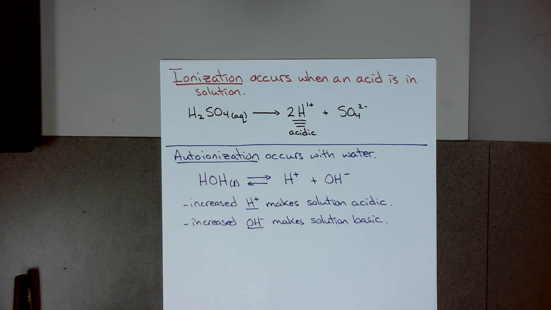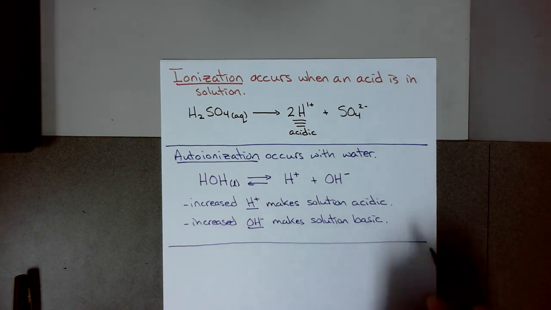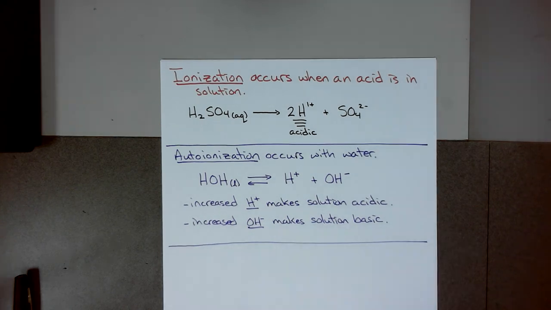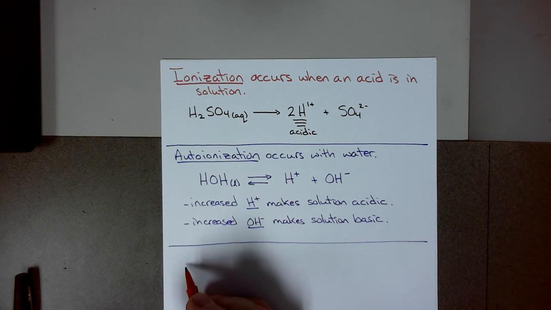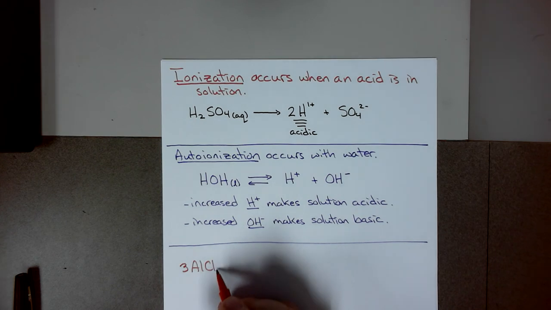Now, one thing I'd like to make sure that we're clear about is when we have coefficients. So let's say I have a coefficient that says I have 3 moles of aluminum chloride that is aqueous.